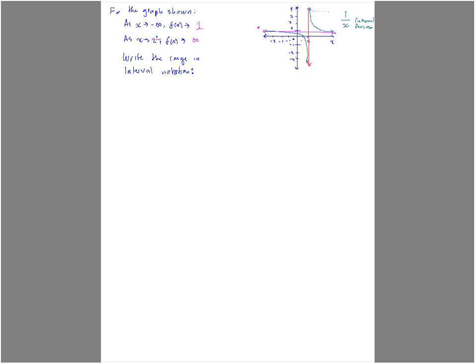So for each of these points, you can kind of draw from the graph to the y-axis, and it looks like every point corresponds with some value on the y-axis except for where we have this horizontal asymptote here. And so that means that the range, wow, I have just butchered my graph.